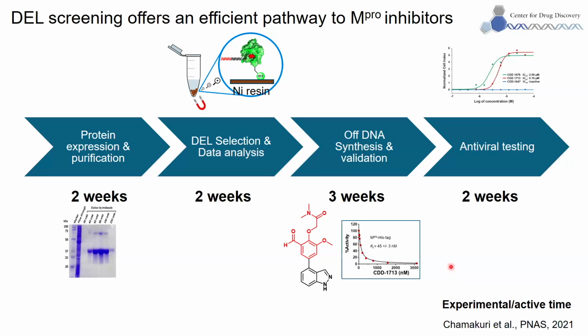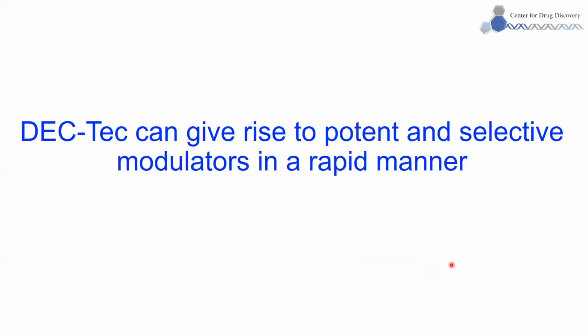So this demonstrated that DEL can yield novel chemical matter as a starting point in a quick fashion. And this is potent, selective, in a distinct class of inhibitors, not like the peptide-like drugs which we often find for these proteins.